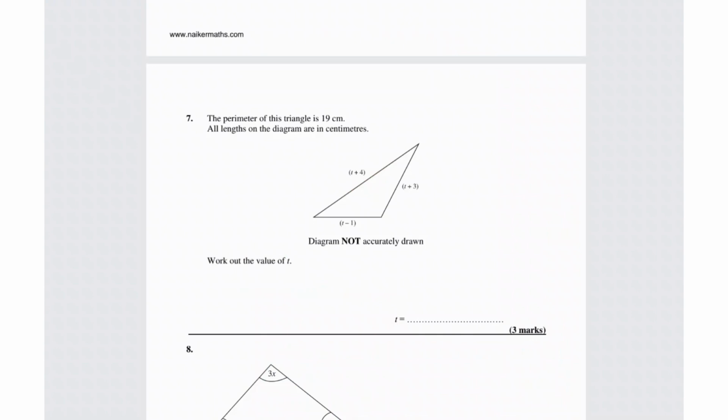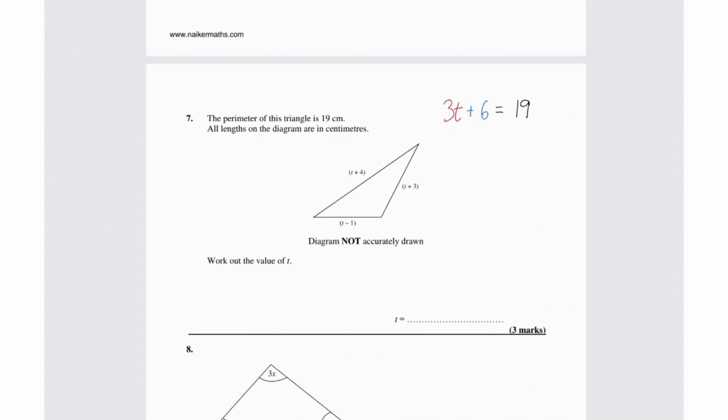Question 7 here, simple perimeter one. We've got 3 sides and they all feature the letter t, so we can say 3t if we collect up all the t's, and if we add up the numbers, we've got 4 add 3 and minus 1, so positive 6. That's an expression for the perimeter.